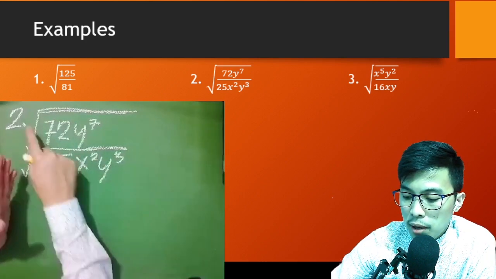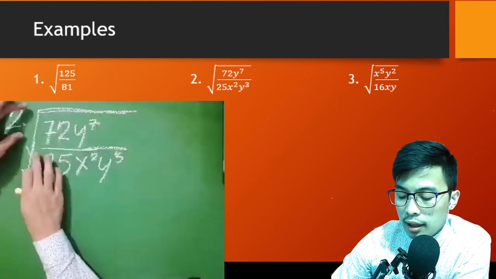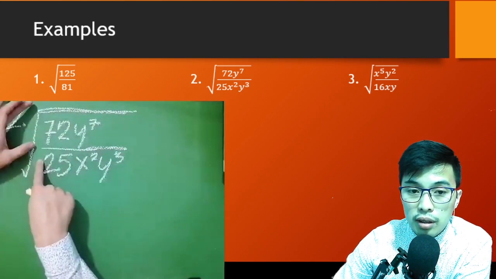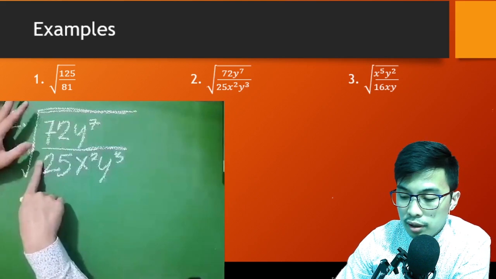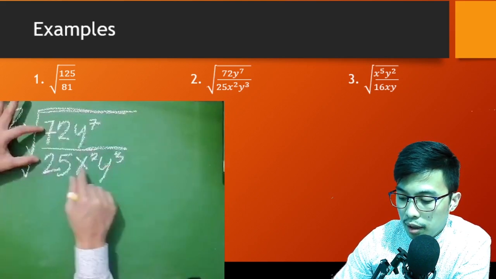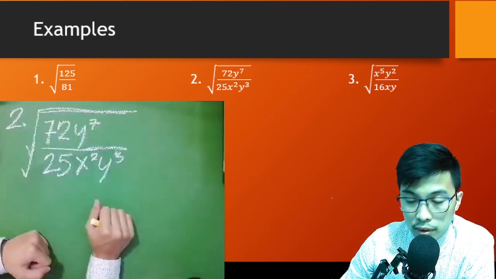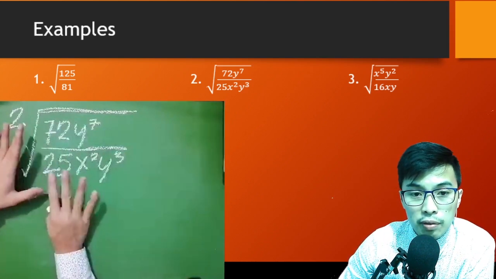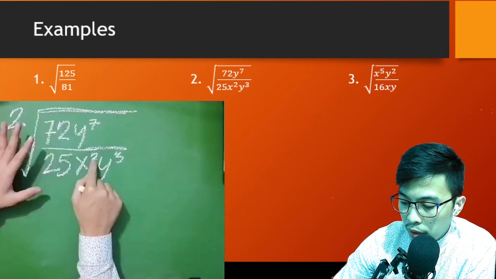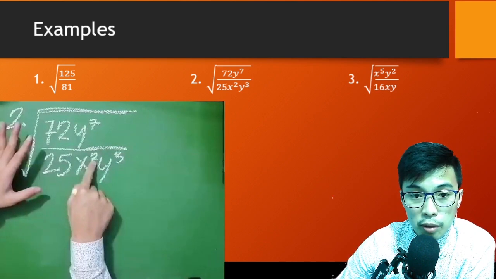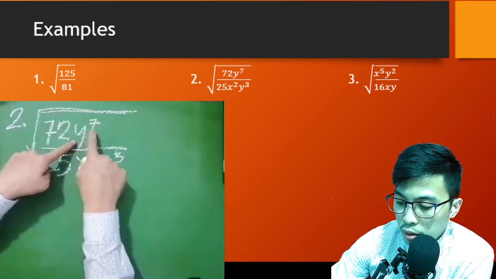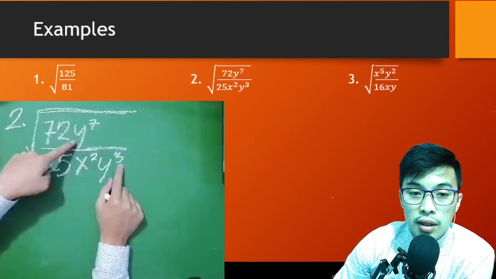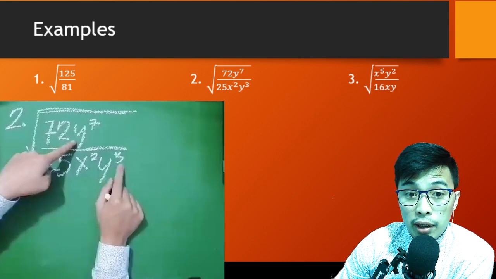Before natin i-separate yung kanilang radical sign, or bigyan natin ng radical sign dito, and then dito din sa denominator, we make sure first that this is in simplified form. Okay? So 72 and 25, this is already in simplified form. And x raised to the power of 2, this is already in simplified form. But take note of this. Y raised to the power of 7 and y raised to the power of 3. Okay, so this is not yet in simplified form.